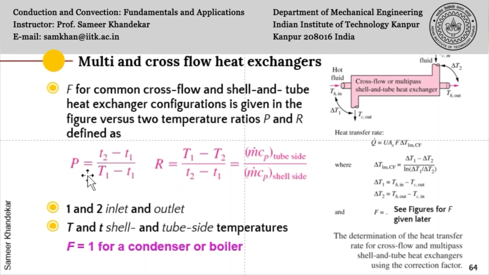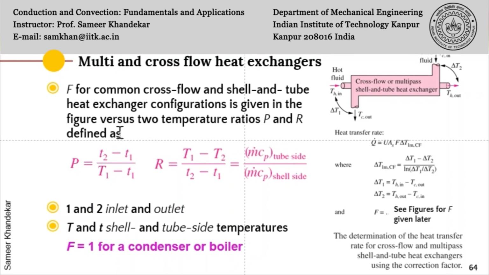P is equal to small t2 minus small t1 divided by capital T1 minus small t1, and R is capital T1 minus capital T2 divided by small t2 minus t1, which is incidentally also equal to m dot Cp of the tube side over m dot Cp of the shell side.